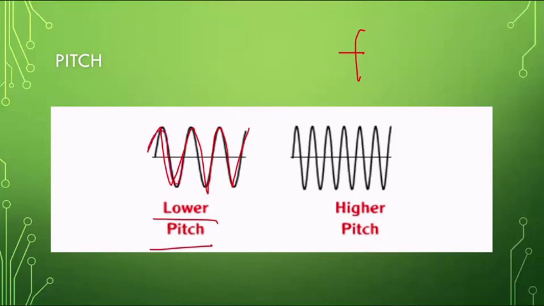Generated 1, 2, and 3, and a quarter. Over here, what's the frequency? In 1 second, we have 1, 2, 3, 4, 5, 6, and a quarter wave.